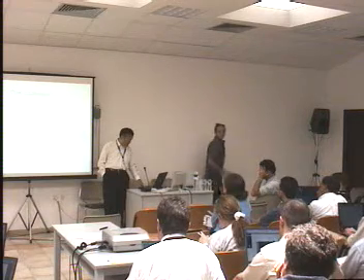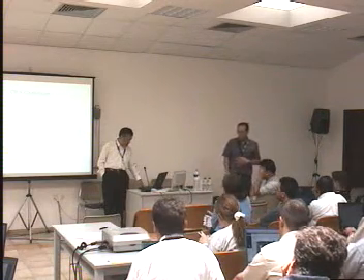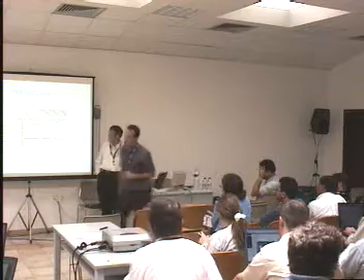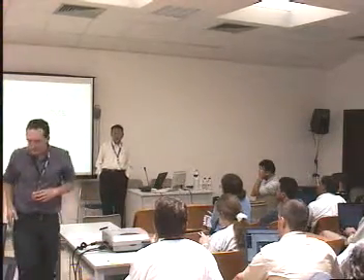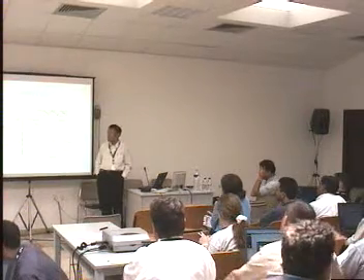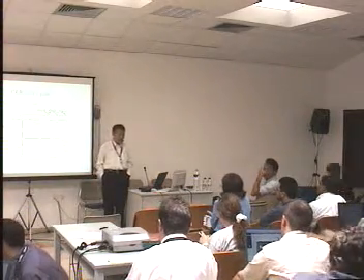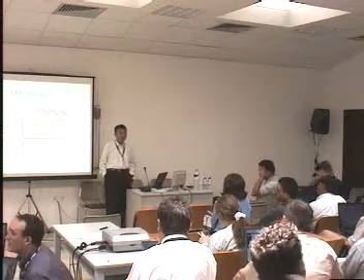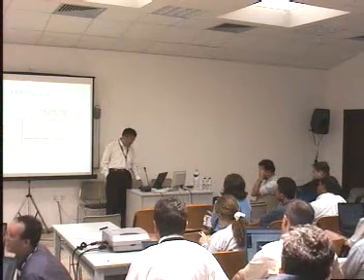And another thing is, CERNET 2 is pure IPv6. I mean pure or native IPv6 means there is no dual stack. It is IPv6 only. I will come back to that topic later.